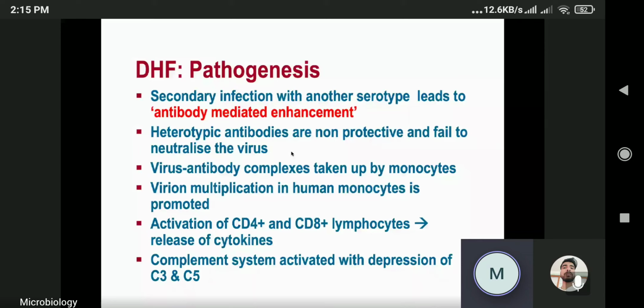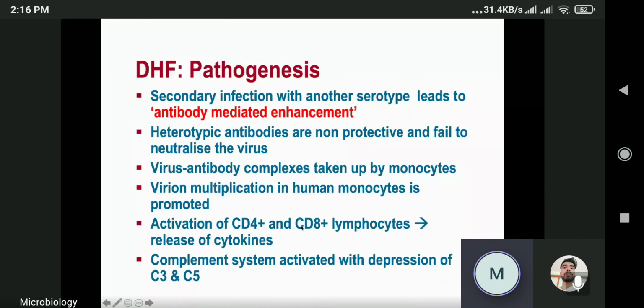Okay, so there will be excessive activation of CD4, that is T helper cells, and cytotoxic T cells that release excessive cytokines that activate the complement pathway, and that results in depression of complement 3 and complement 5. And that may result in different clinical conditions.